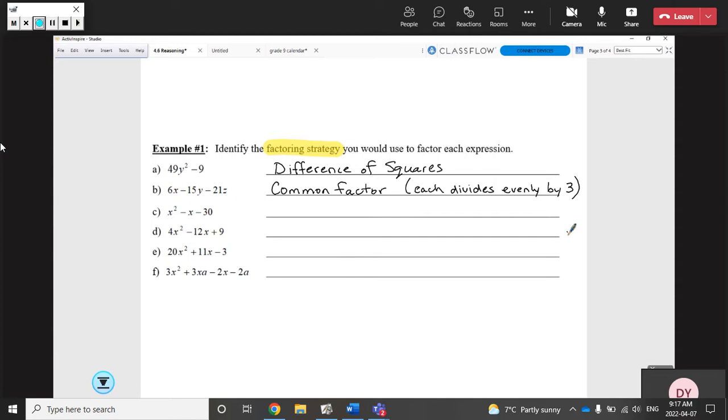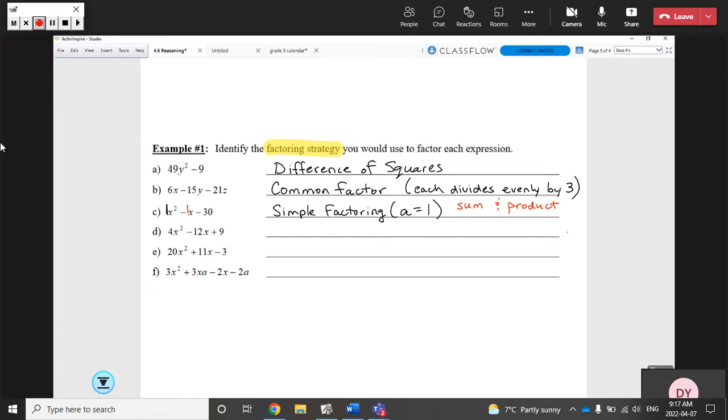Yeah, it's simple. We'll say a equals 1. The a value here is 1. It's 1x squared. So we can just use the method we called sum and product: 2 numbers that multiply to negative 30 and add to negative 1.